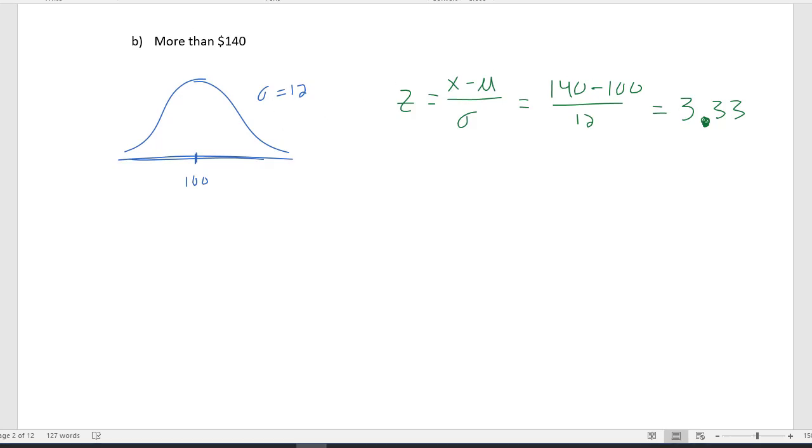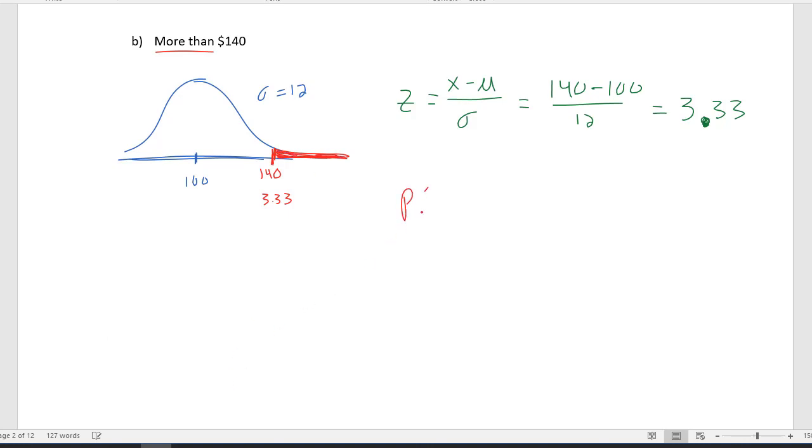Now, for this problem, we'll switch to red. We have a z of 3.33, so we're pretty far out here, and that is my data point of 140. So we're looking for more than that price, right? So I'm looking for the area to the right of that data point.